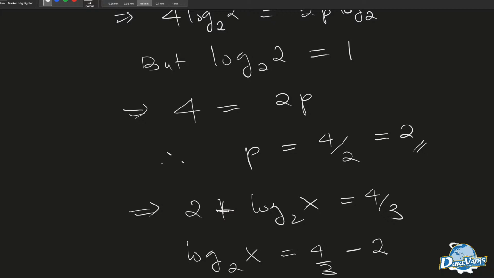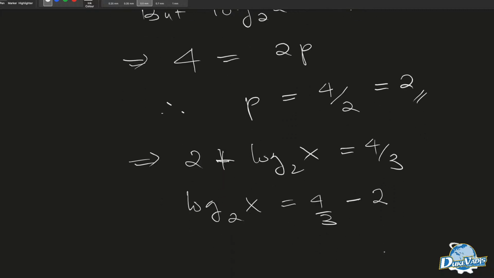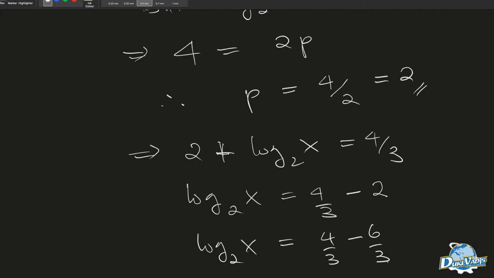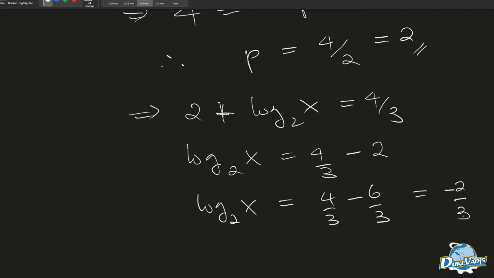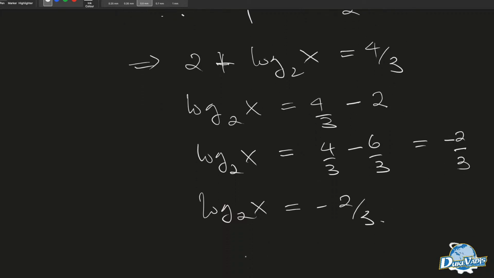Now we can say log base 2 of x is equal to 4 over 3 minus 6 over 3, which is equal to negative 2 over 3. That's when we subtract. So log base 2 of x equals negative 2 over 3, and our answer for x will be 2 raised to the power negative 2 over 3. Have you seen it? As simple as that.